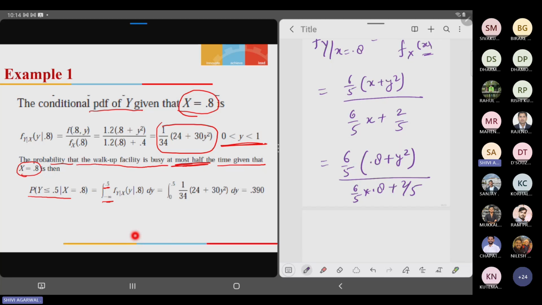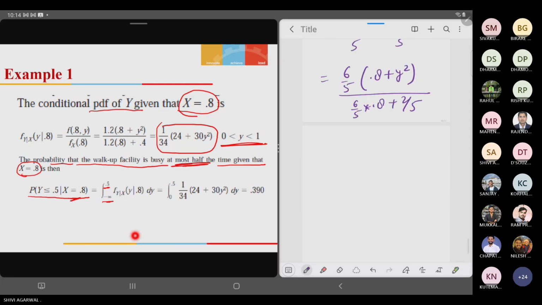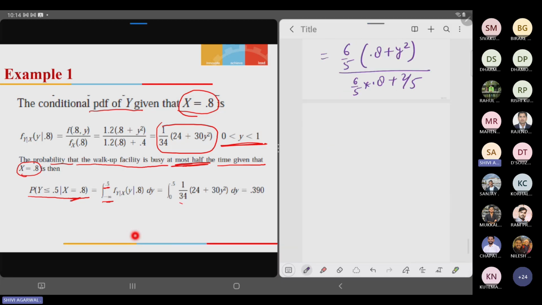So we have to find the probability when y is less than or equal to 0.5, given x is equal to 0.8. We use the same conditional density function which we calculated here, because we are finding a conditional probability. If we are calculating a simple joint probability, we use the joint density function.